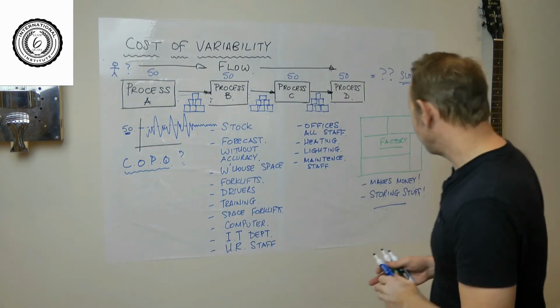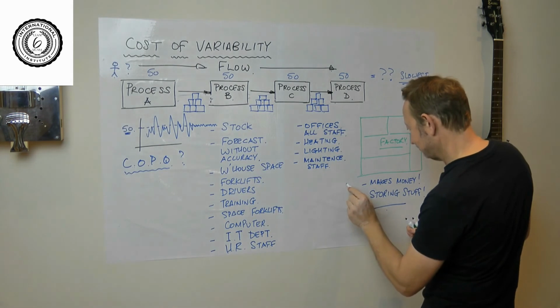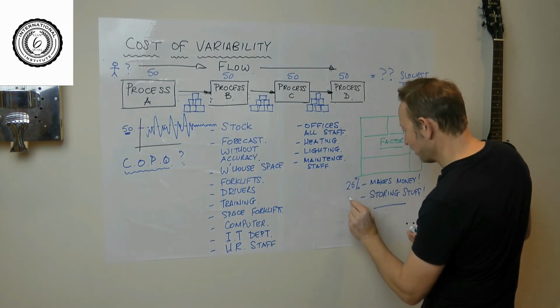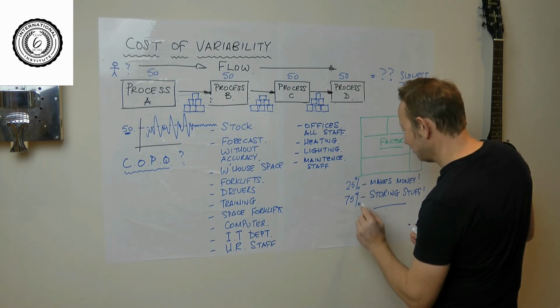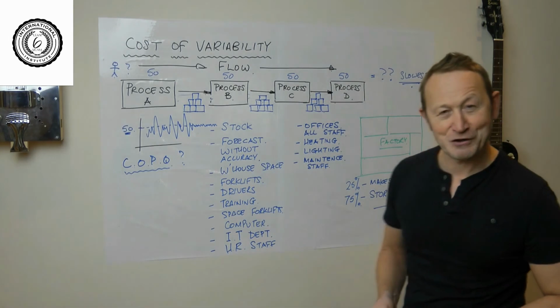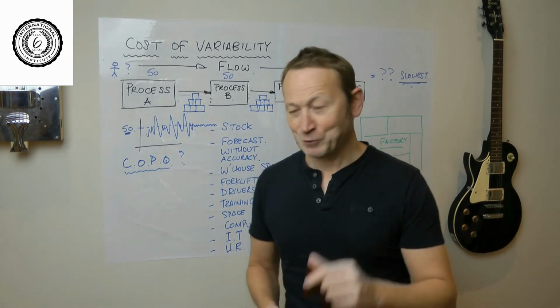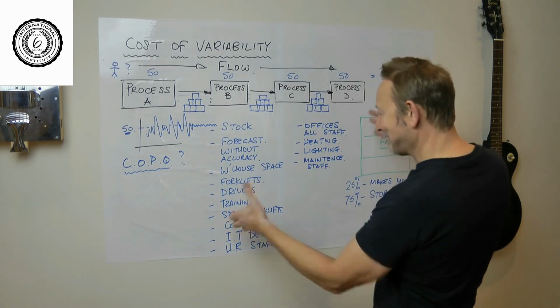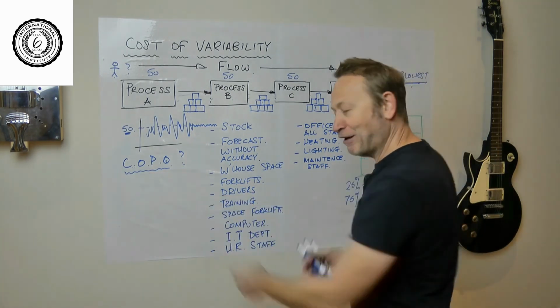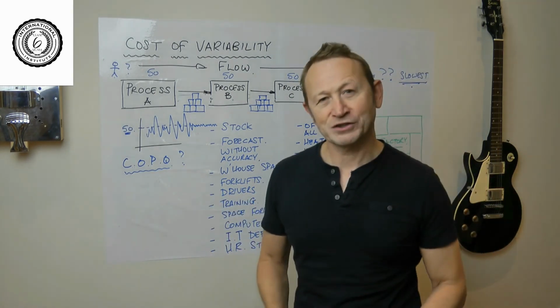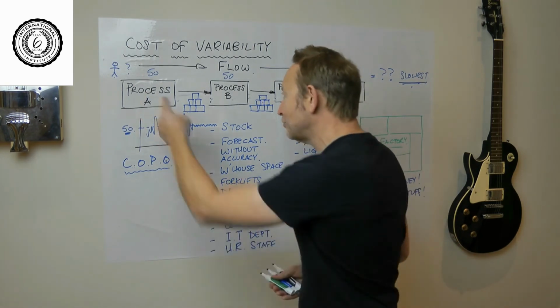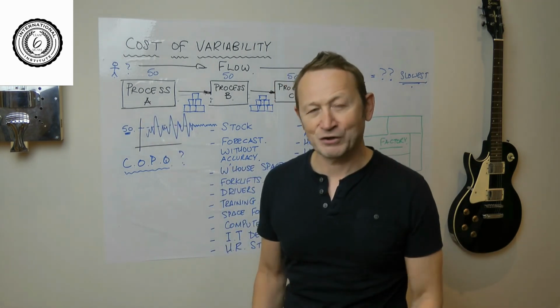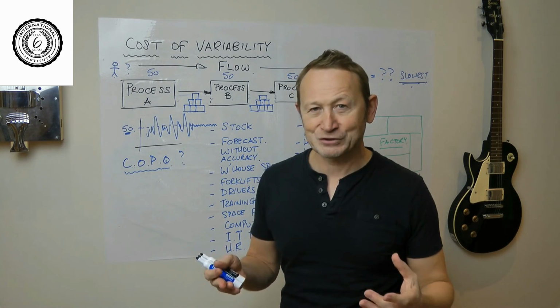And what you'll find is probably 25% is making stuff, 75% is storing stuff. If you're truthful with yourself, that's what you'll find, because what you've got is this stuff. You've got loads of cost of poor quality, but can you evaluate it and assign it to your individual projects? It is very difficult to do so.